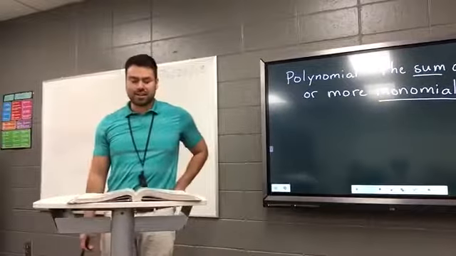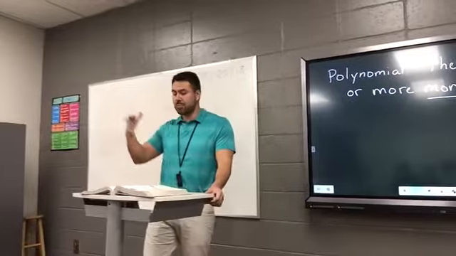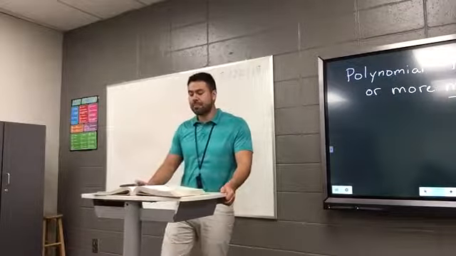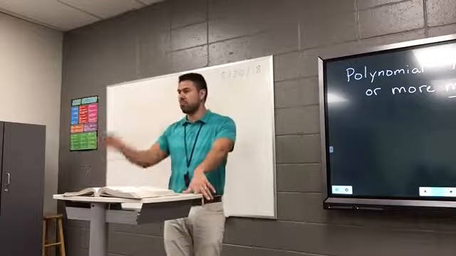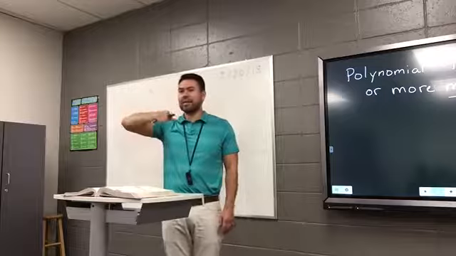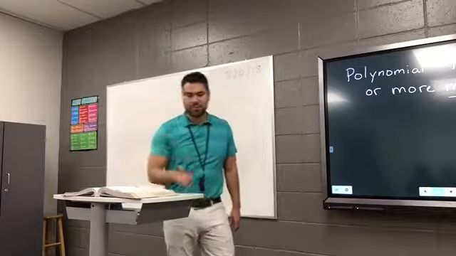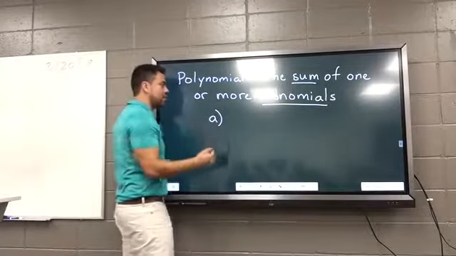On page 514, at the very bottom, we have examples of polynomials. Do you see those three terms? Monomial, binomial and trinomial. You have to know the three kinds, really four kinds of polynomials.